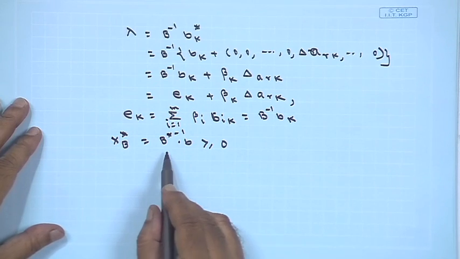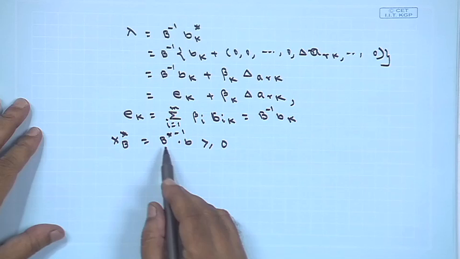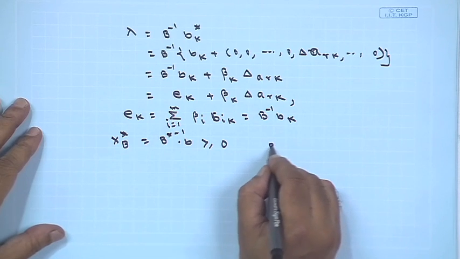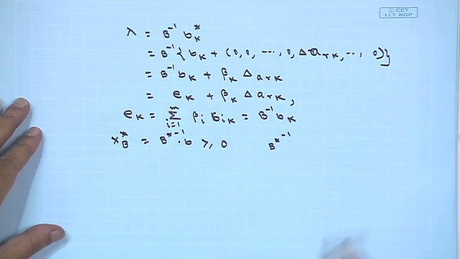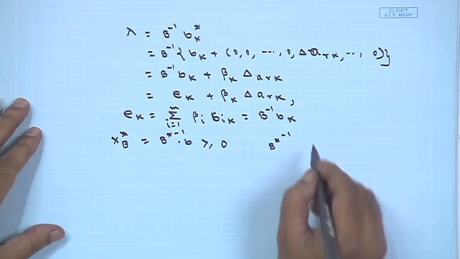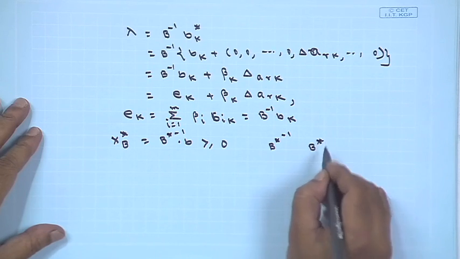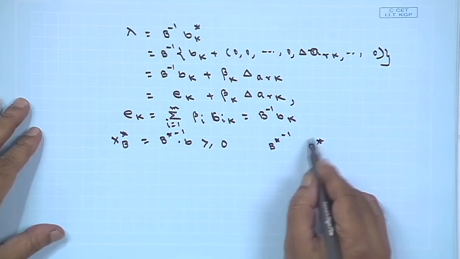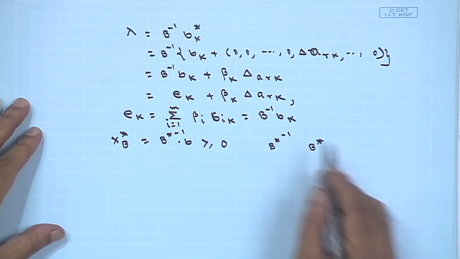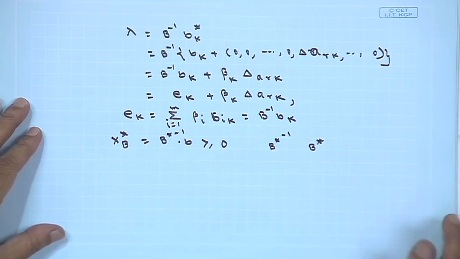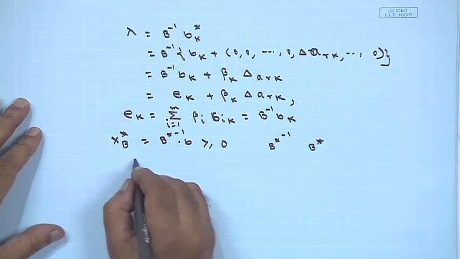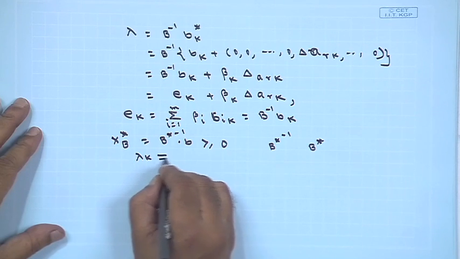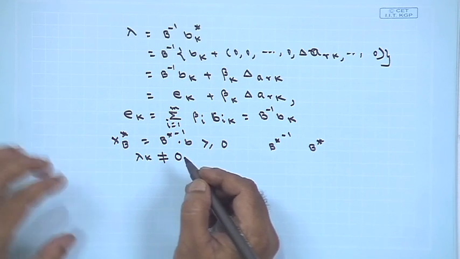Now, B star inverse will exist only when B star is non-singular. As we know, if B star is non-singular, then only B star inverse will exist. So, we must have this delta k not equal to 0.